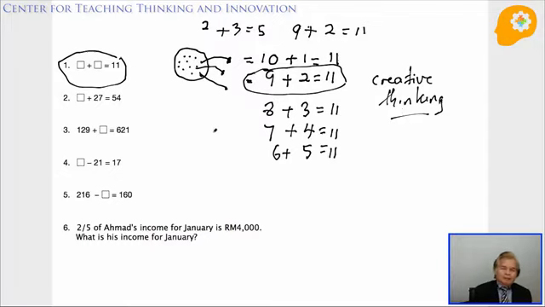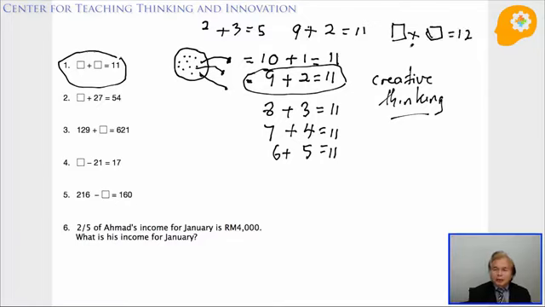Right. You can also do the same thing with other questions, like you can develop your own question like what times what. For maybe year 2 students, you might ask what times what equals 12.